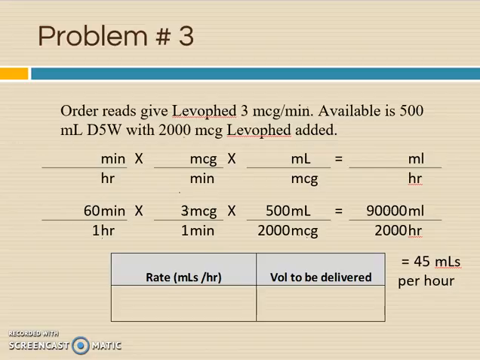That is our answer that we're going to put here, 45. And the volume to be delivered is going to be the 500, unless they stop it sooner than that. So that's the answer to that one.